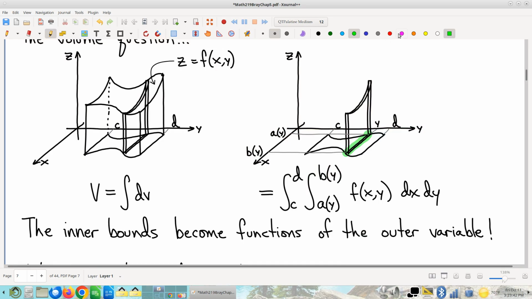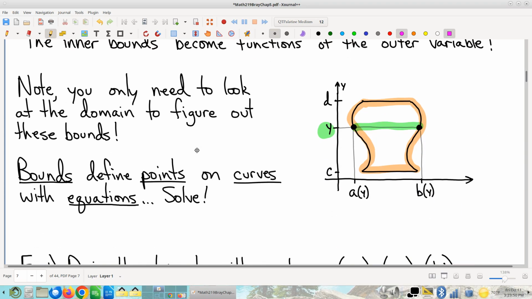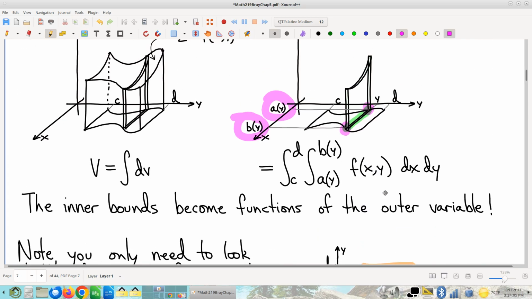Right? And so we start at one point and we end at another point, and thus giving us our x bounds. Okay, well, yeah, but I can see that over here too. We're starting at that point, we're ending at that point, and that gives us our x bounds. And it's such an easier picture to draw. Here, drawing only the domain. We're not drawing this unnecessarily complicated three-dimensional picture, one dimension of which we don't even make use of.